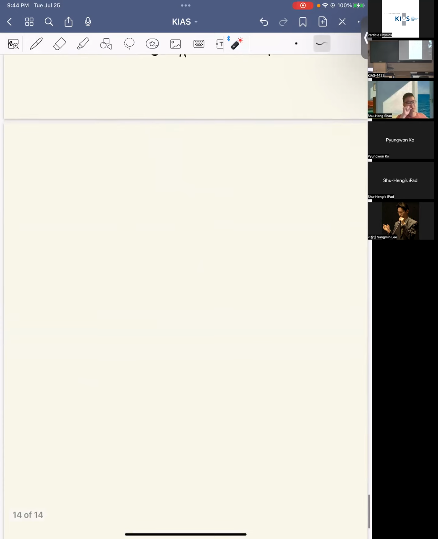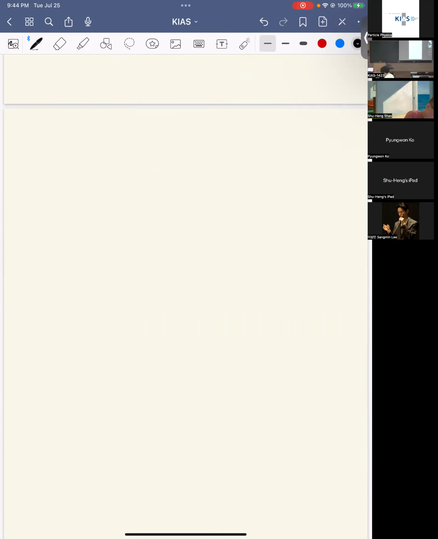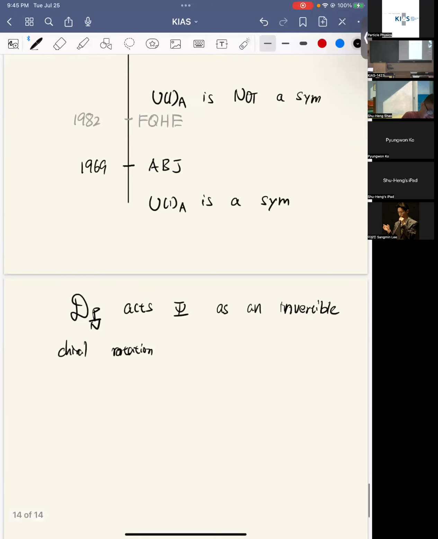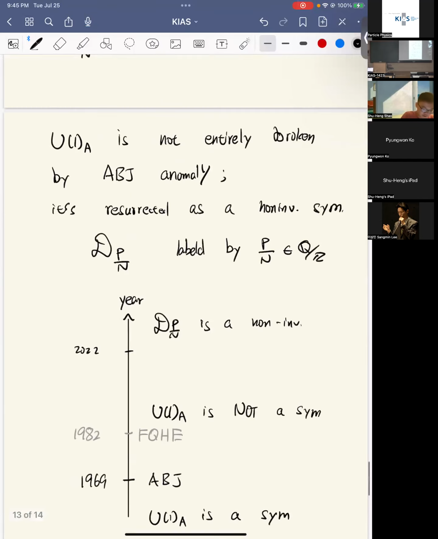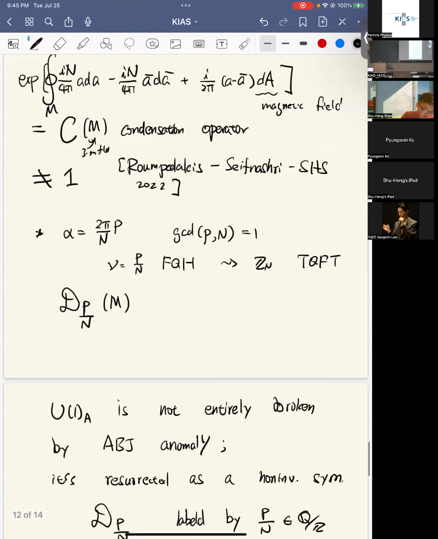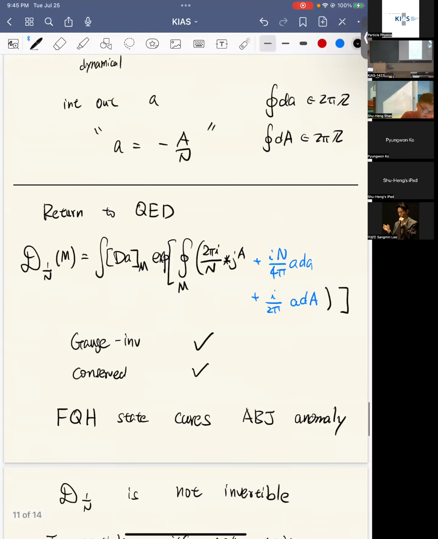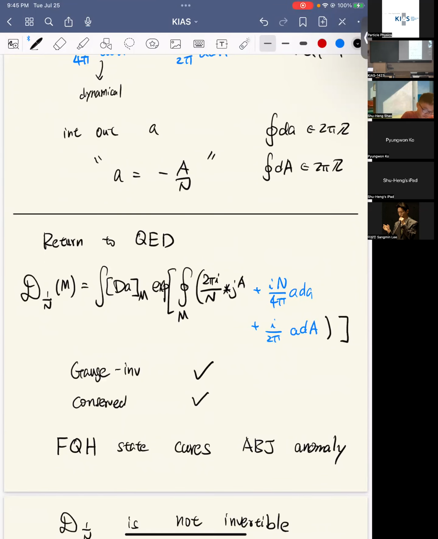All right. So now let's take a closer look into this non-invertible symmetry. This non-invertible symmetry acts on the Dirac fermions as an invertible chiral rotation. The reason is because all this coupling to the capital A gauge field, all this little a, the Dirac field is not sensitive to that.